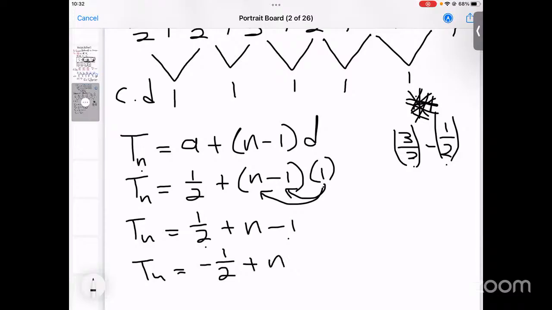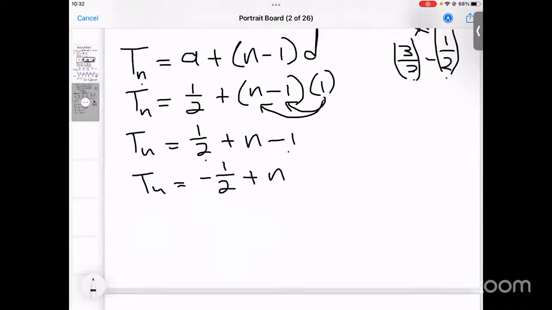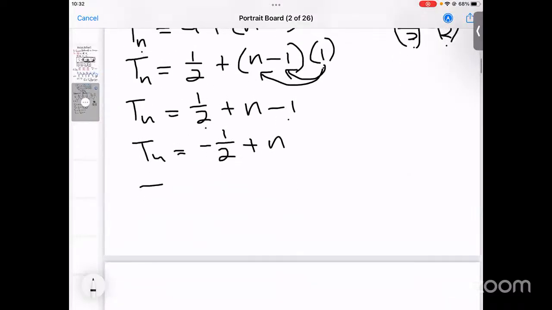Yes, because half, when you minus 1, gives you negative half. So as a mathematician, you can just write it nicely, I'll write it as positive n minus 1 over 2. And that is the end of it.